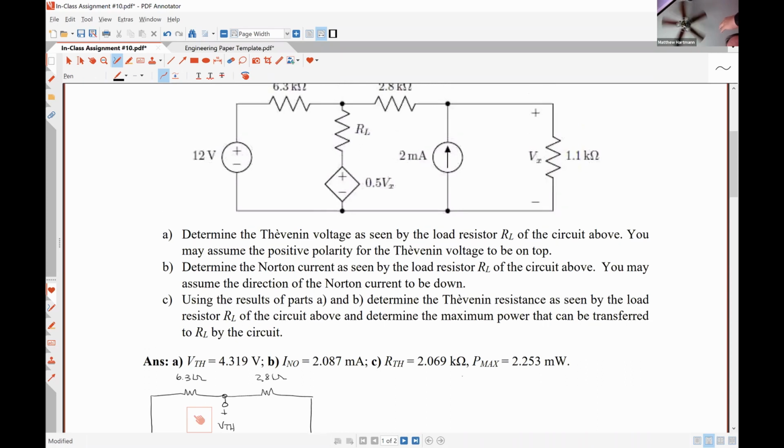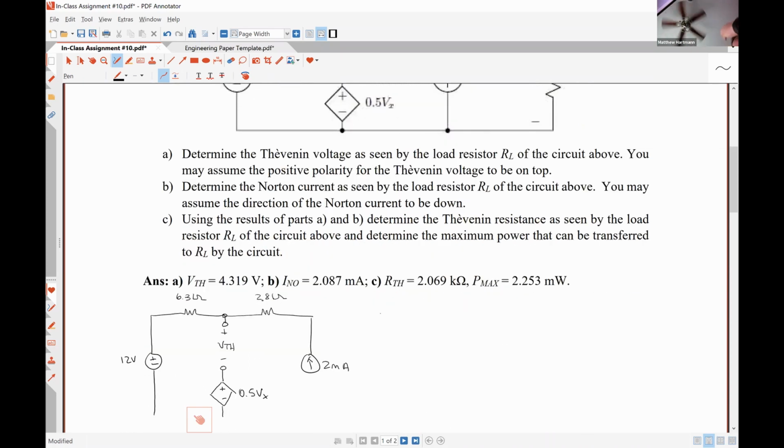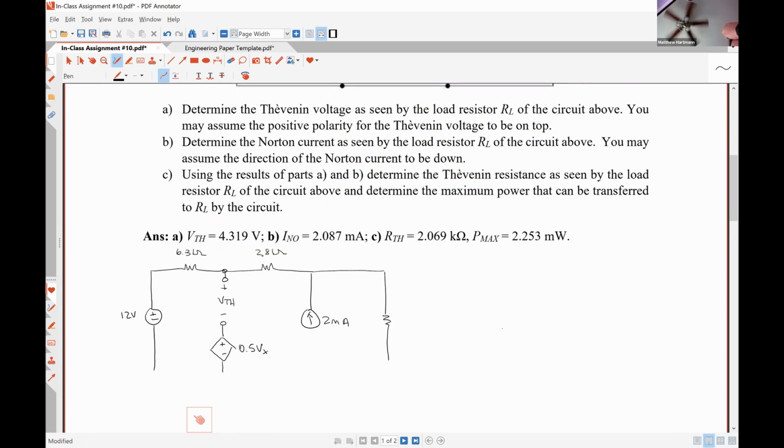I have a 1.1 K resistor over which the voltage Vx is defined, 1.1 kilo ohms plus Vx. Alrighty. Any thoughts on how we would approach determining what that Thevenin voltage is in this case?